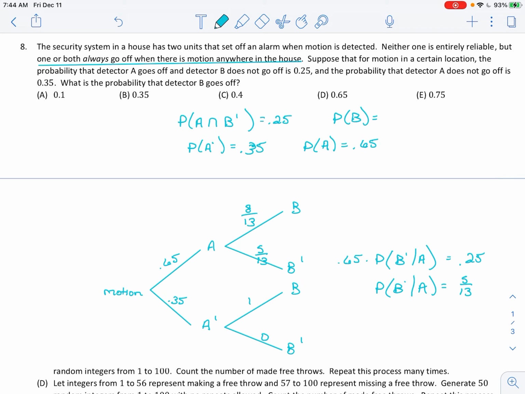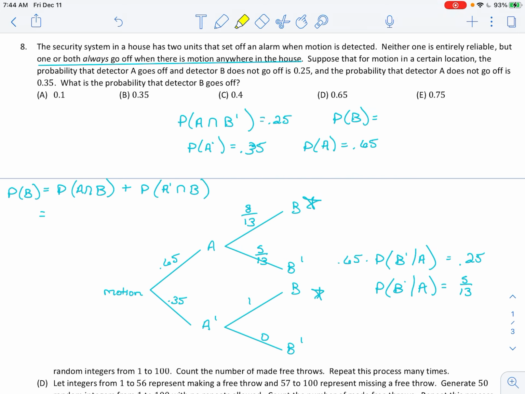So a really complicated way to fill out this entire table, but now we're left with finding the probability of B. And I'll point out there's two ways that B could end up happening. B can go off and A, so I'm going to find the probability of A and B, or the probability that A didn't go off and B does.